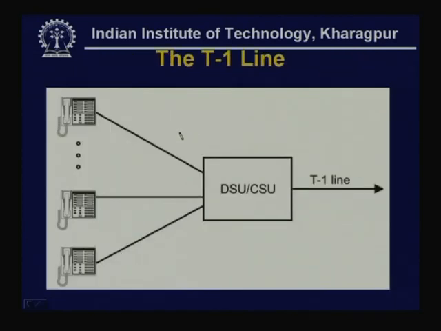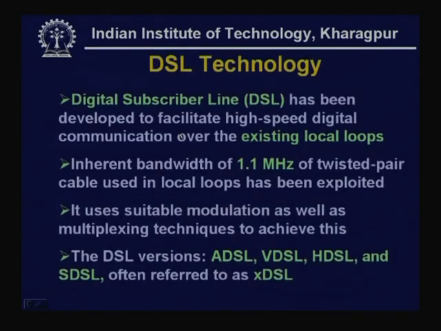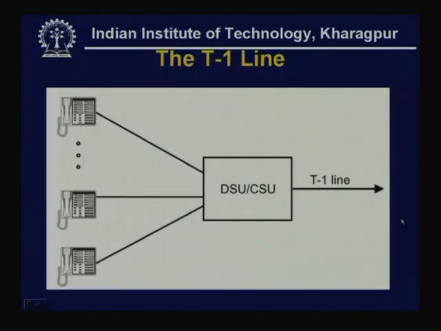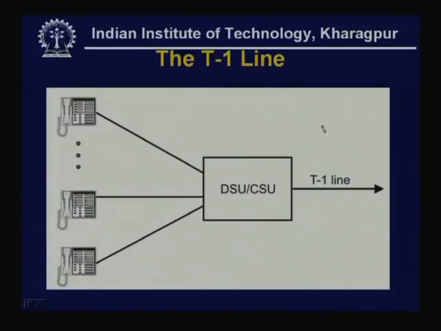Now, there is another possibility. For example, can these T1 lines be shared? A small business organization may not require the full T1 line bandwidth, that means 1.544 megabits per second may not be required. Can it be shared?